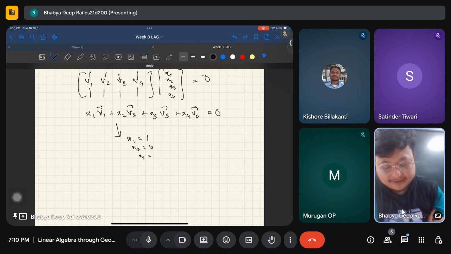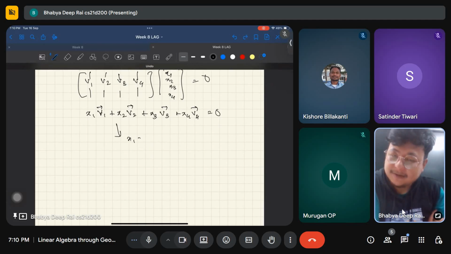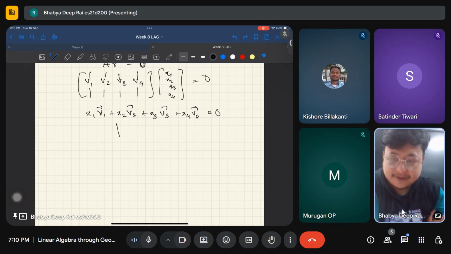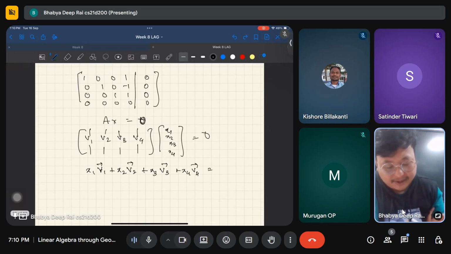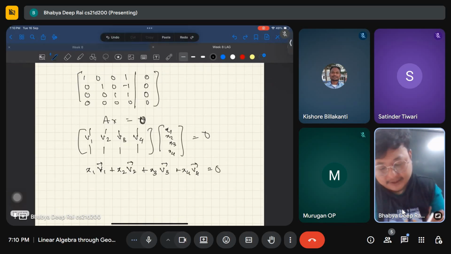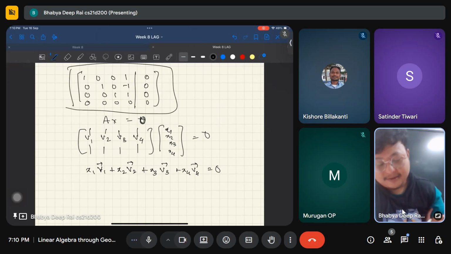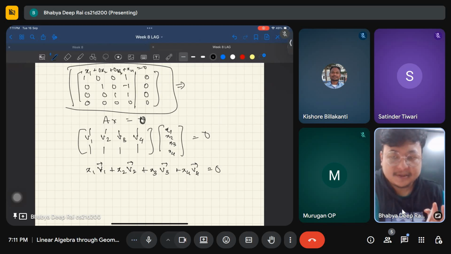It means that one of the vectors is dependent on the others. We'll understand what that means. So I have this look right now, on doing the row operations. Now what does this imply? This implies that x1 plus 0x2 plus 0x3 plus x4 equals 0. Does it not?